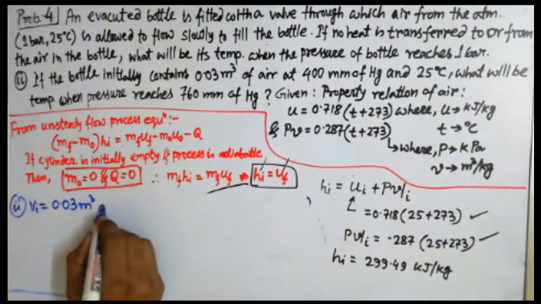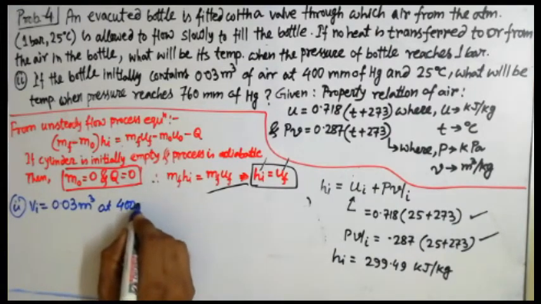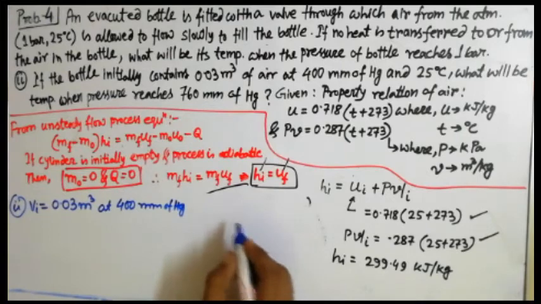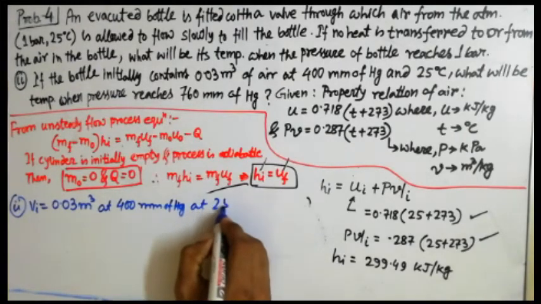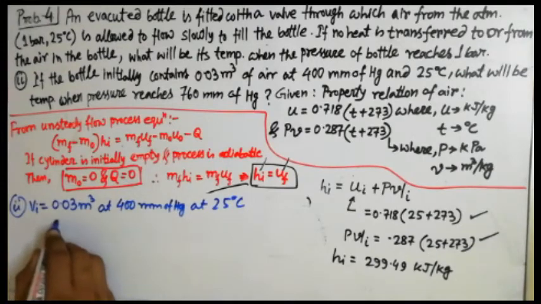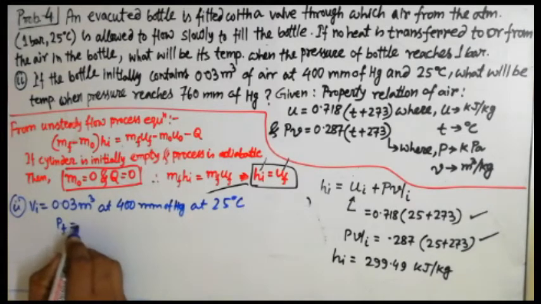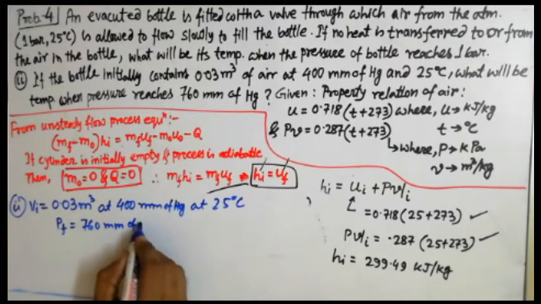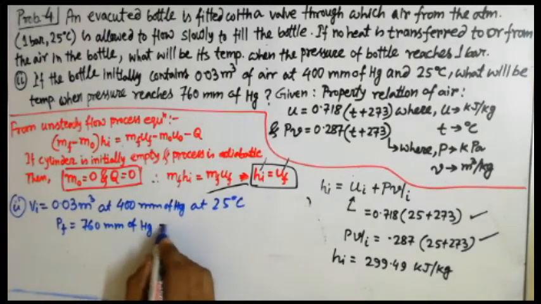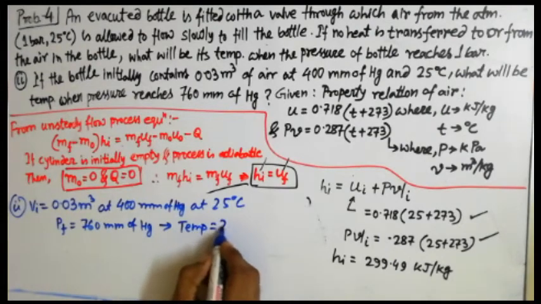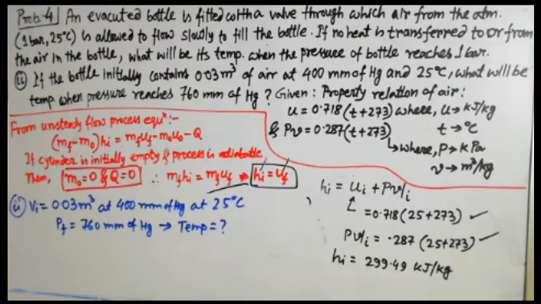It is at 400 mm of Hg pressure and at 25 degrees centigrade, and finally the pressure, which I can write as Pf, is 760 millimeter of Hg. That is the final pressure, and at that final pressure you have to find the temperature. That is the whole thing regarding part 2.